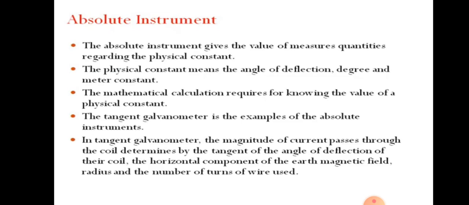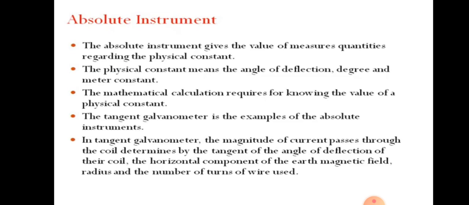Then mathematical calculation is required for knowing the value of the physical quantity. Using this angle of deflection or degree, we do the mathematical calculation, and after this calculation we get the value of the physical quantity.